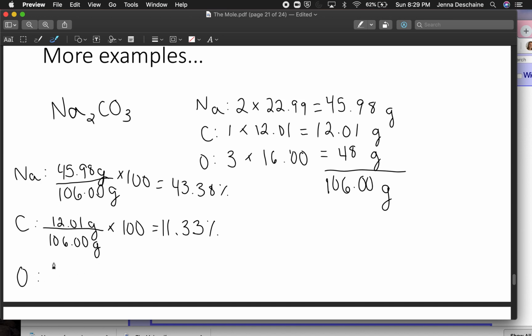Last but certainly not least is oxygen. That's going to be 48 grams divided by 106 times 100. And I'm going to get 48 divided by 106 is 45.28.